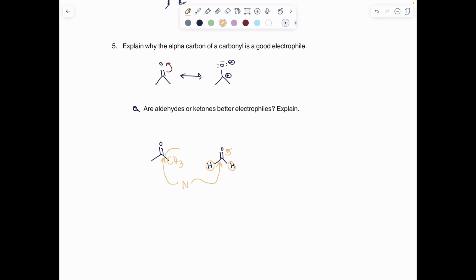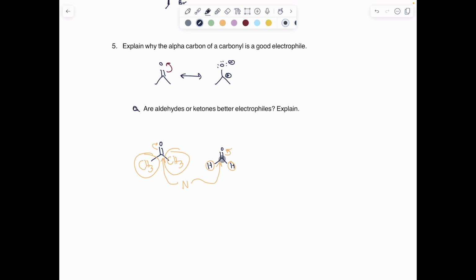These CH3 groups are much bigger, and so it's more difficult for the nucleophile. From like a space-wise perspective, it's more difficult to get in there and attack. So sterically, aldehydes are better. But also electronically, if we think about induction, the hydrogens, again, those are just lone protons. They're not capable of inductively giving any extra electron density to the alpha carbon.